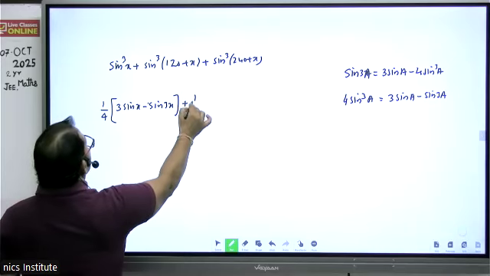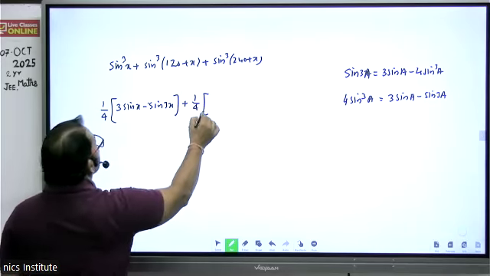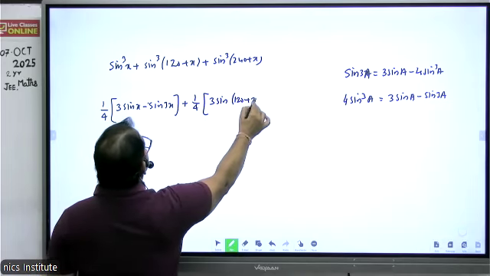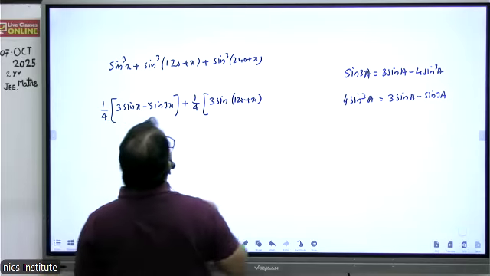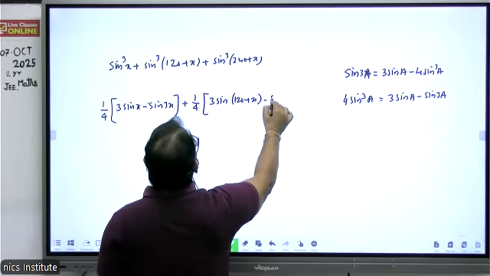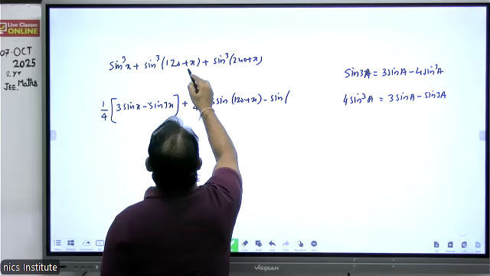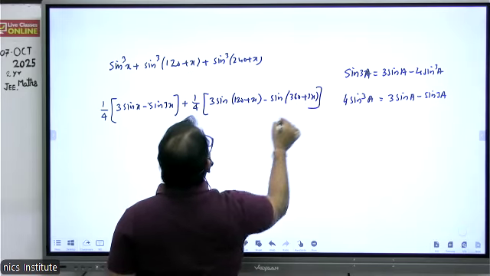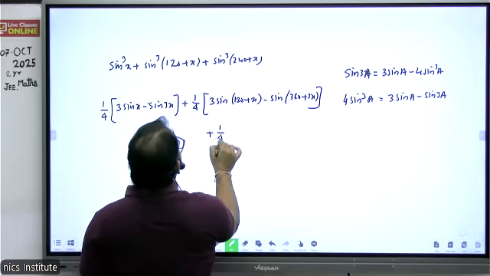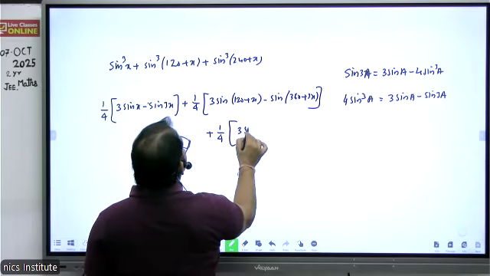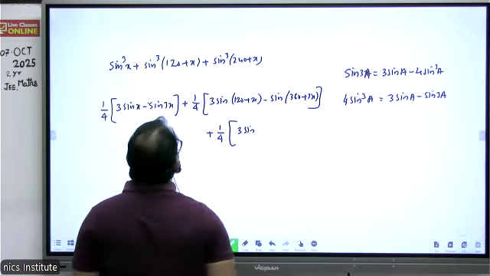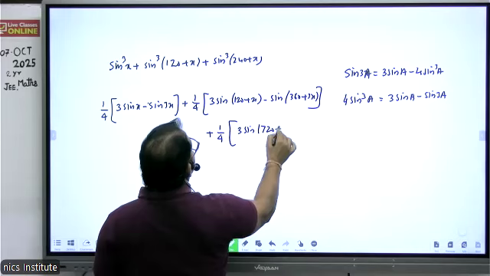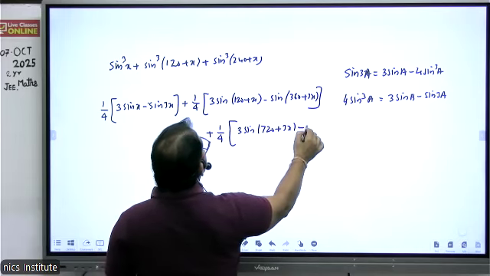The second one will become 1 by 4 times 3 sin of 120 plus x, minus sin 3x, that is sin of 360 plus 3x. And the last also 1 by 4, 3 sin of this, so 3 times this would be 720 plus 3x.